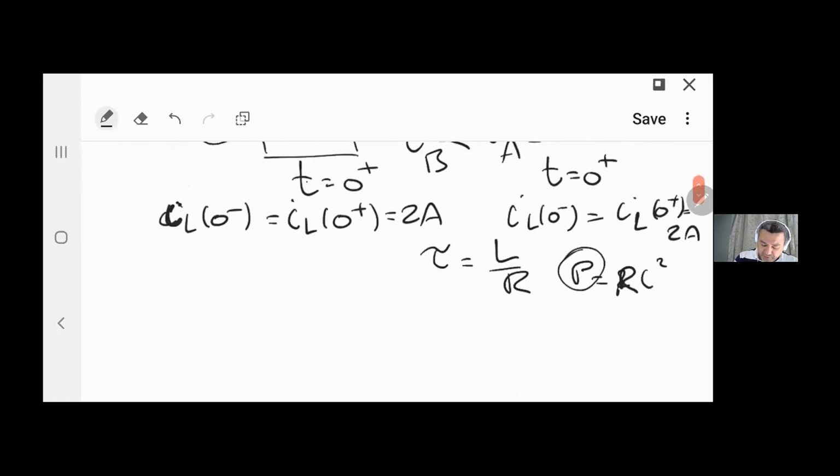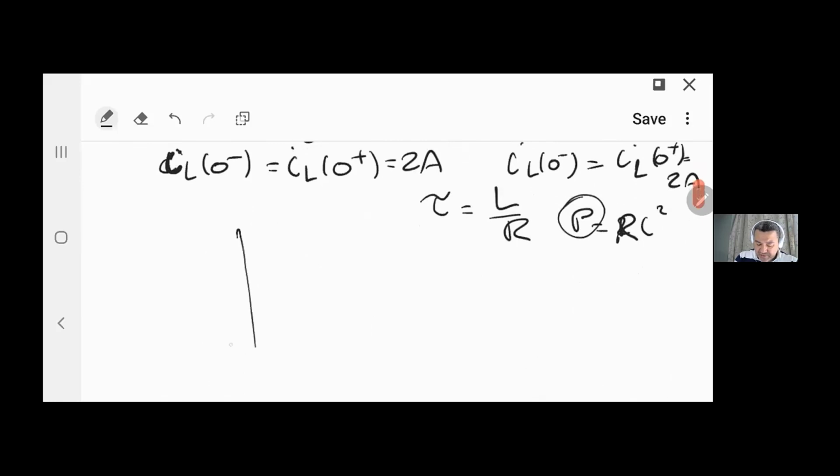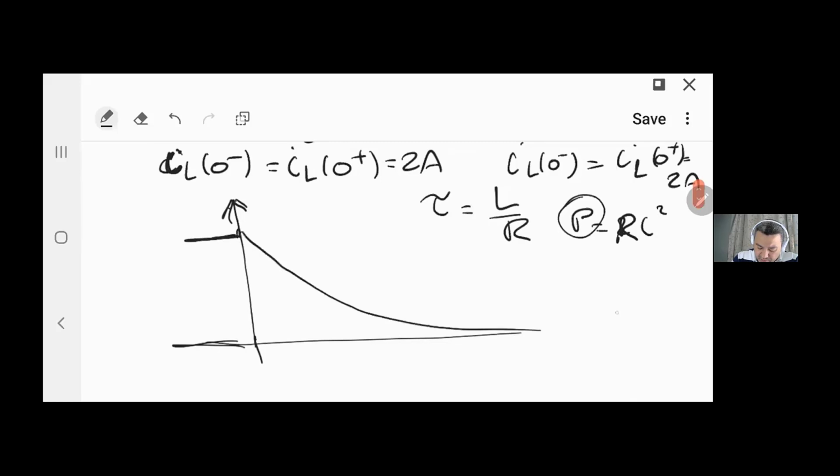Which means if you are to draw the discharge, the behavior of the current, you would see that the discharging here, if it's happening for the same current, one of them is like this, the other one is like this, right?